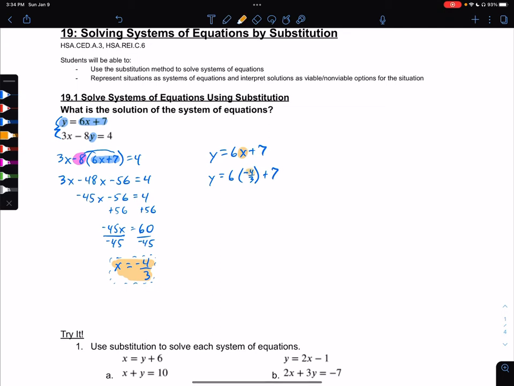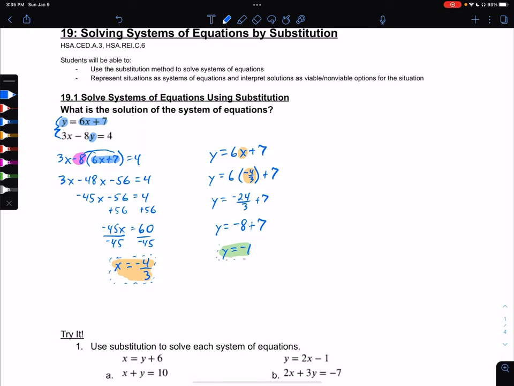And now I can just solve for y because it's the only variable left. So 6 times negative 4 would be negative 24 over 3 plus 7. Negative 24 divided by 3 would be negative 8. And negative 8 plus 7 would be equal to negative 1. So I now know that y is equal to negative 1.